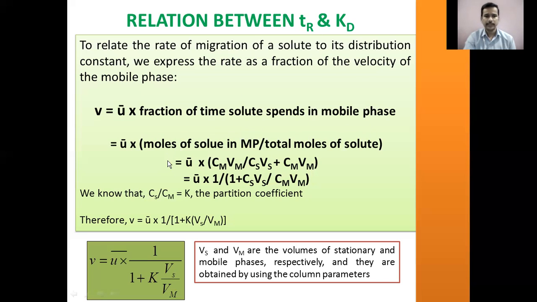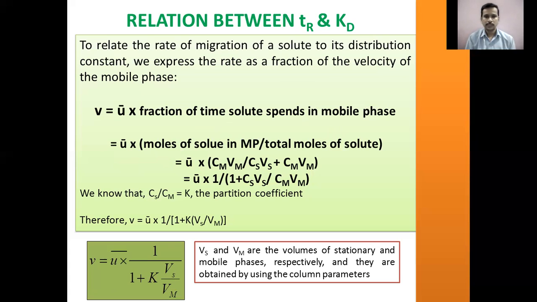If you simplify this, V is equal to U bar into the fraction of solute spent in the mobile phase. It means that when you introduce the sample to the chromatographic column, the sample will distribute itself into the stationary phase as well as the mobile phase.